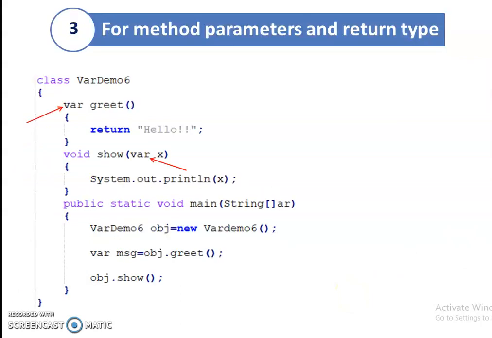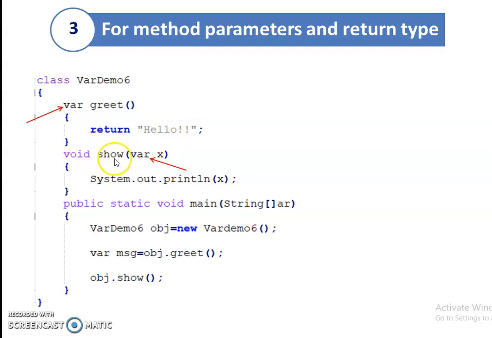Now in next case we are using var keyword with method parameters and return type. Here we have one class named var_demo6. In this class we have one function greet, and return type of this function is var. We are returning return hello.